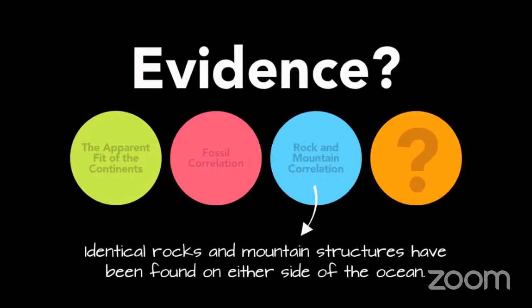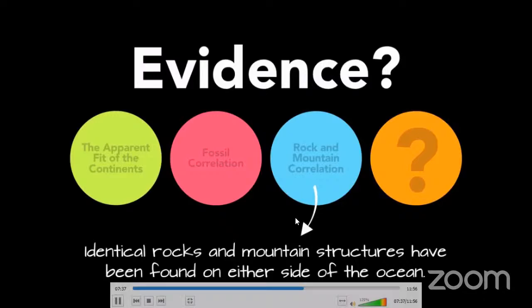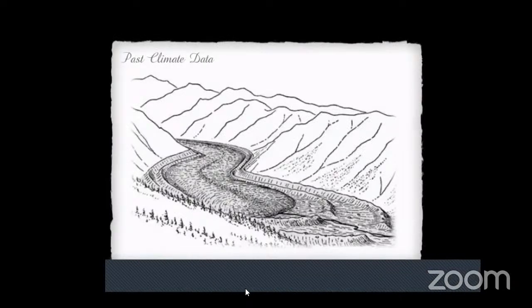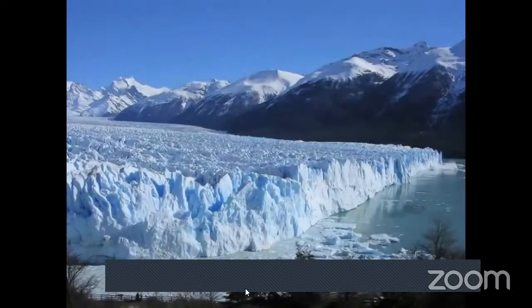Again, Wegener returned to the library, and this time he returned to his roots as a meteorologist, and he began to look at past climate data, meaning he looked at evidence of cold and warm weather in different parts of the world, and he found something fascinating. See, he first looked into glaciers. So glaciers are these giant rivers of ice that move slowly across the Earth's surface.